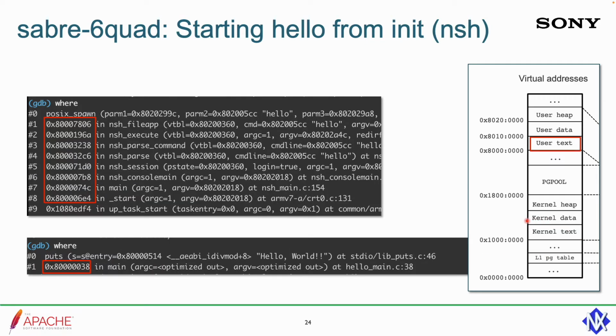This slide shows core stacks for starting the hello app from the init, which is known as nshell. In this case, nshell calls project spawn to load the hello app. As you can see from these addresses in the core stack, the user code is running.